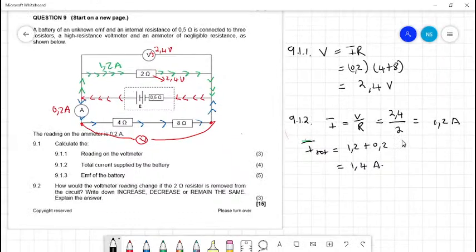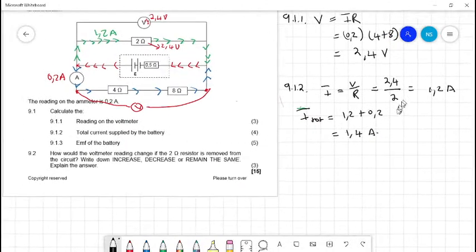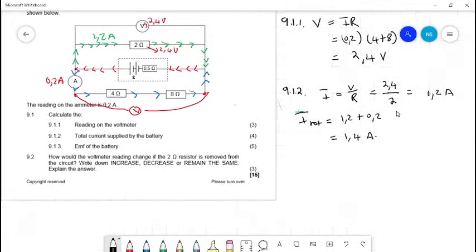Okay, so let's look at question 9.1.3. They want us to calculate the EMF of the battery. So what we have now is the total current, and we also have the internal resistance we're given.